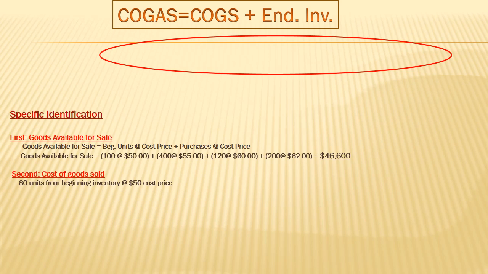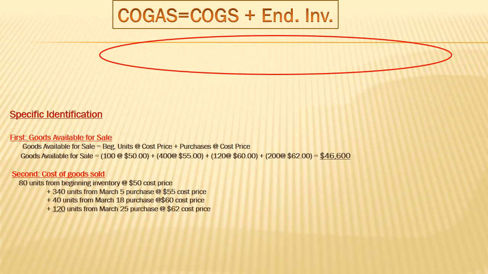It's given to me in the problem. 80 units from beginning inventory, which means at the cost of $50 per unit, and I have 340 units from the March 5 purchase, which means they have a cost of $55 per unit, and I have 40 units from the March 18 purchase, which means the cost is $60 per unit, and 120 units from the March 25 purchase, which means the cost per unit is $62, arriving at cost of goods sold $32,540.